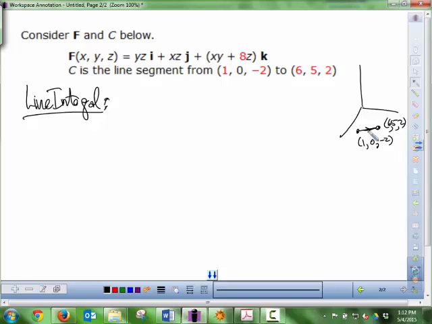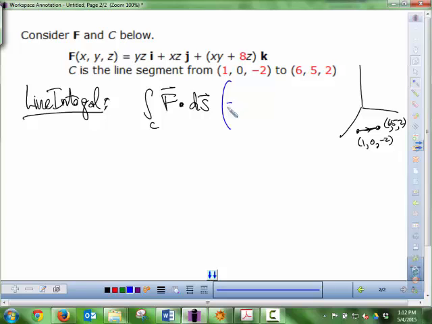It is important that we go from one to the other. So we need to find a couple of things. We need to parameterize C. C is that curve, that line segment. We have the vector field, and in parameterizing C, we can figure out what ds is going to equal.